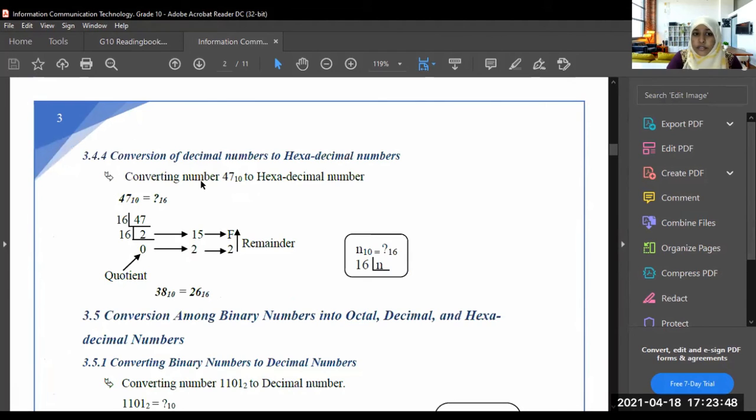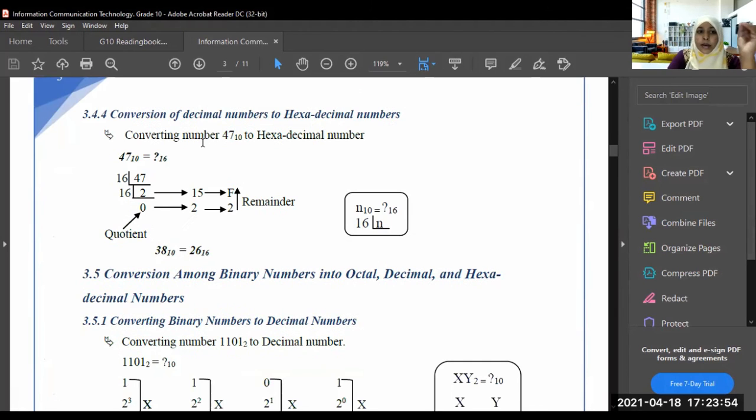Then conversion of decimal numbers to hexadecimal numbers. How to convert the decimal number into a hexadecimal number. Again, write it down like this, then divide it by 16. 47, how many 16s in 47? 2 times. Remaining 15. How many 16s in 2? 0 times.